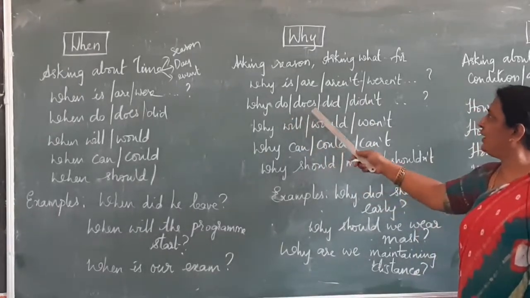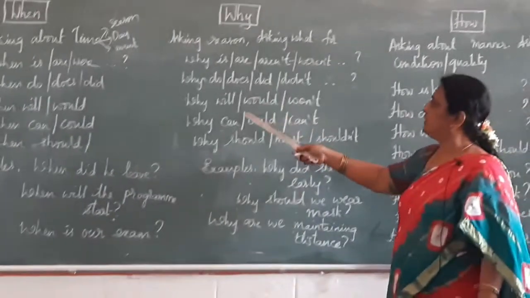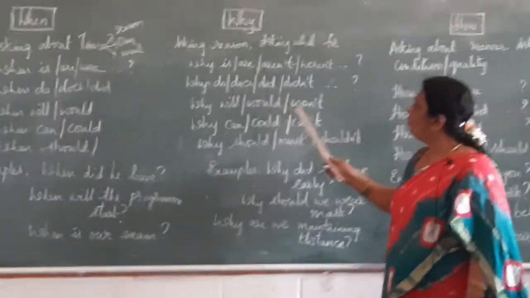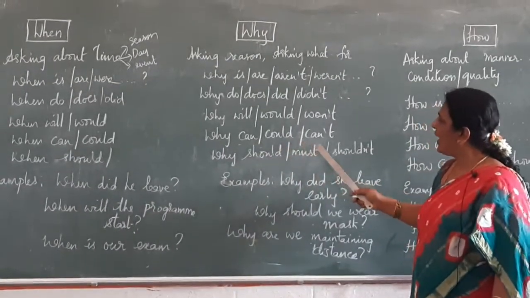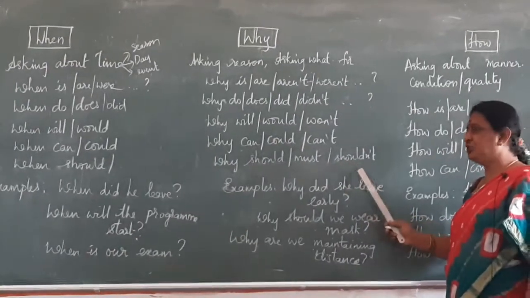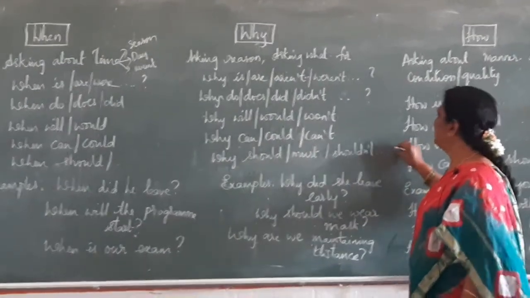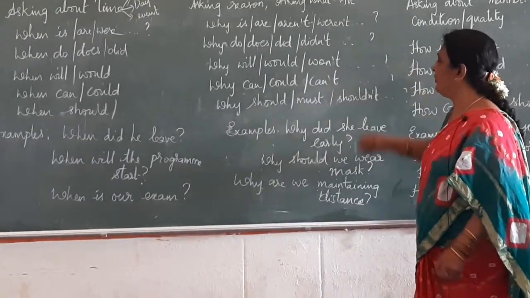Why do, why does, why did, why didn't. Why will, why would, why won't. Why can, why could, why can't. Why should, why must, why shouldn't. So, I am following with the verbs, okay, verbs and complements we are going to.